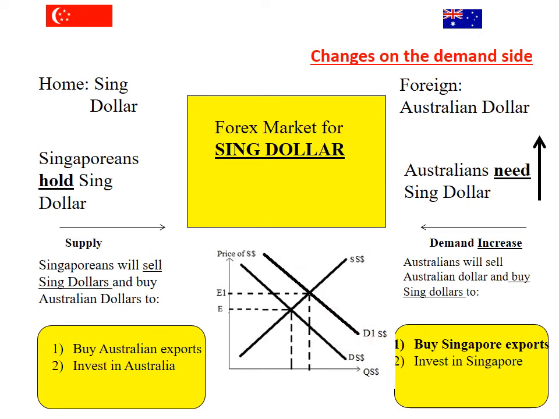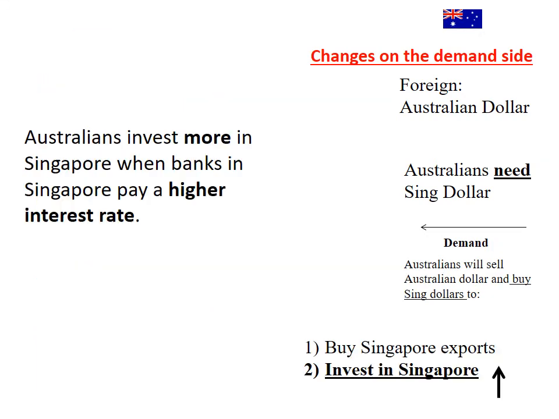Okay, now motivation 2 can also become intensified. Now, what will affect investment? Interest rate. Okay, now here we are looking at interest rate as a deposit rate. How much the banks are giving you when you put money in the bank.